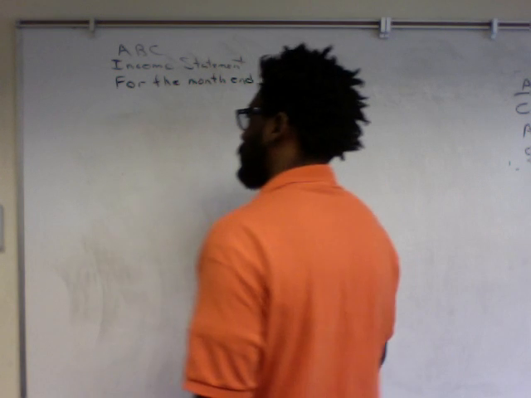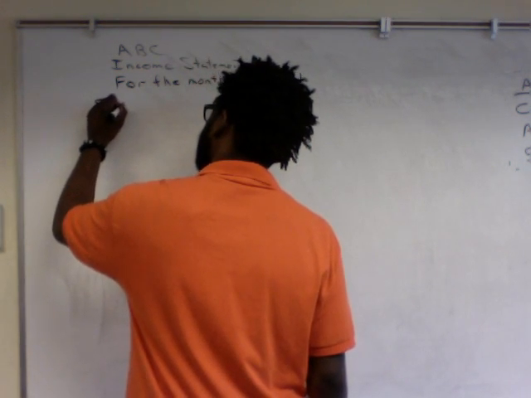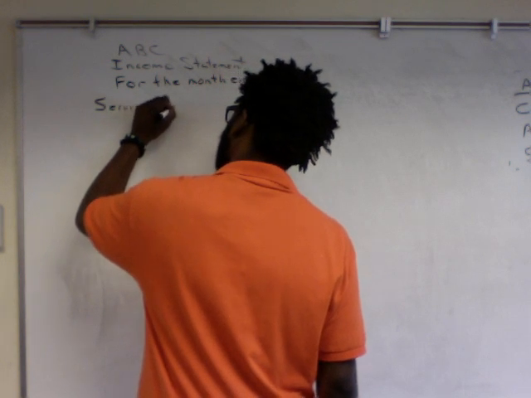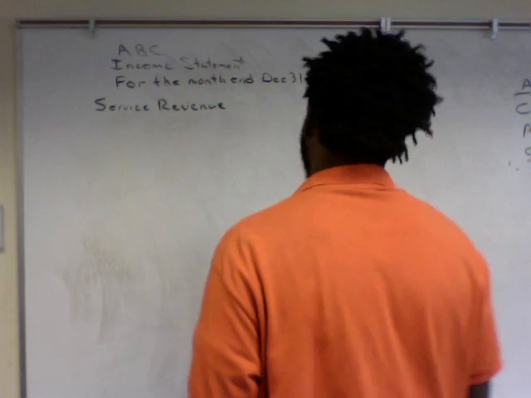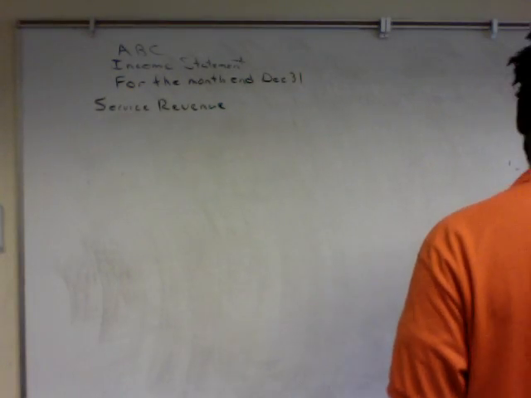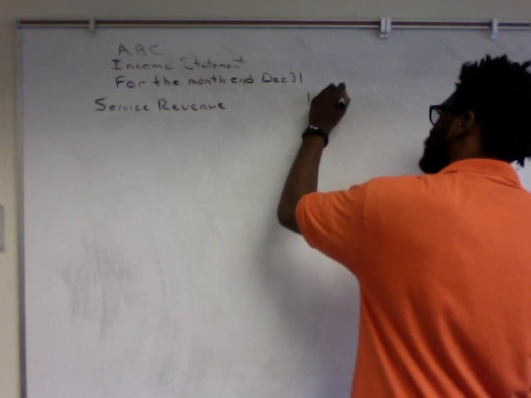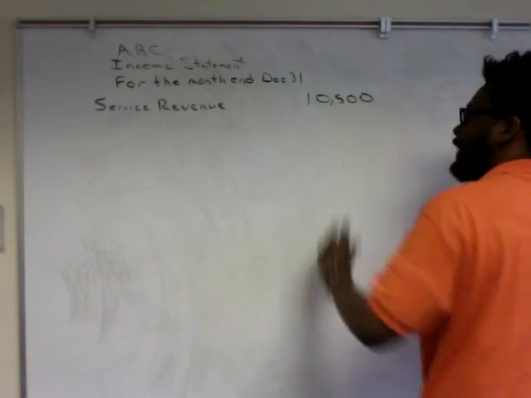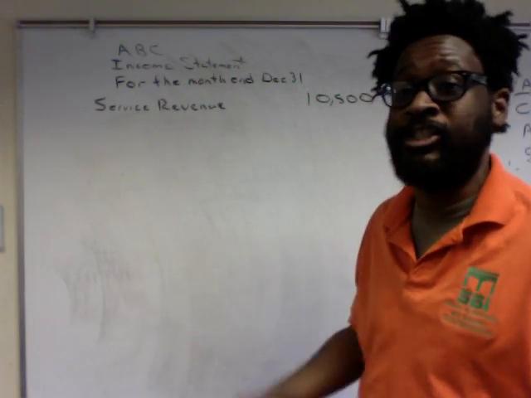So the first thing we're going to report is our revenues. We have service revenue. Taking that number from my trial balance, the service revenue amount is $10,500. Now, guys, I want you to know right now there's no more debits and credits. Debits and credits only go into the journal.